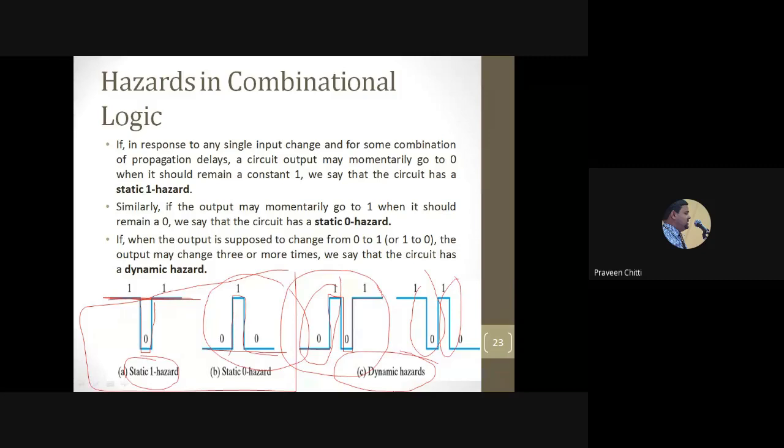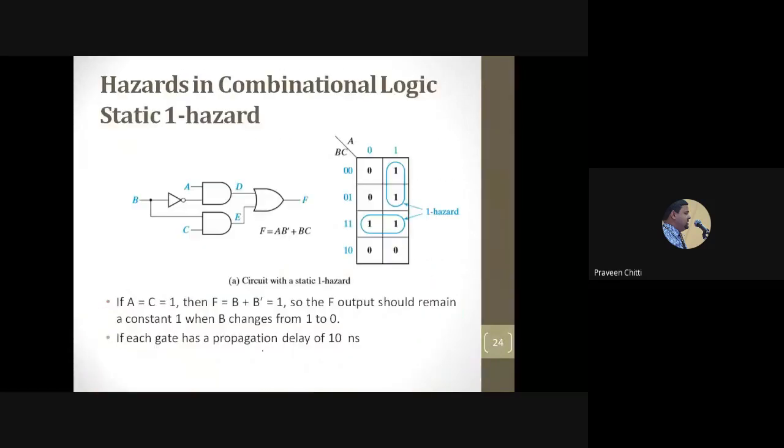The output is supposed to change only once from 0 to 1 or from 1 to 0, but if you observe multiple changes in the output, that type of hazard is called dynamic hazard. Is that clear? What do you mean by dynamic hazard and static hazard?